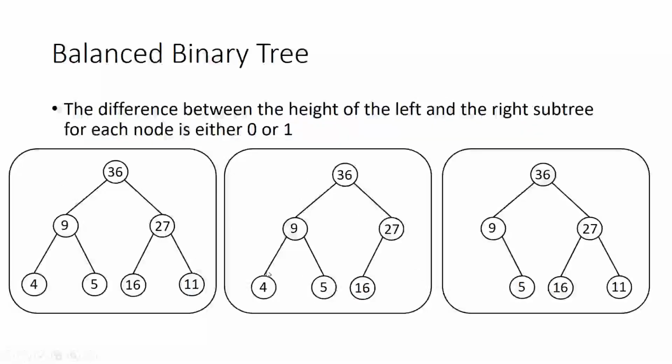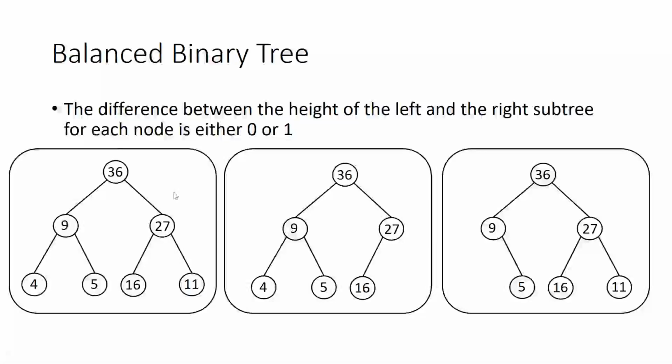Then balanced binary tree. The difference between the left subtree and the right subtree height can be 0 or 1. If you consider the first example, we have already discussed the height of the tree. At any point of this tree structure in example 1, the left subtree height and right subtree height are the same.